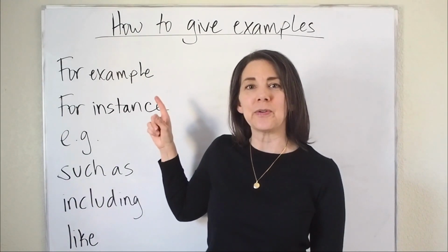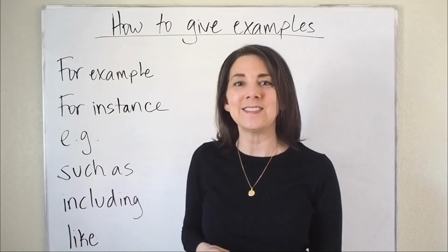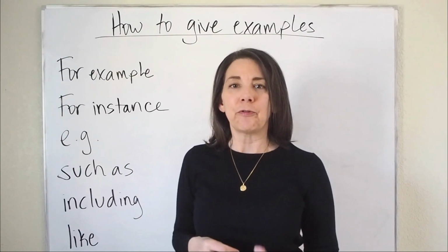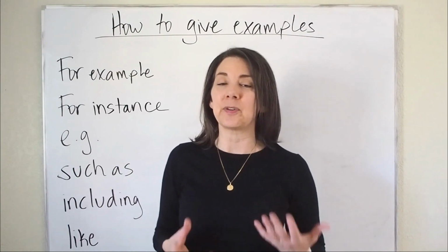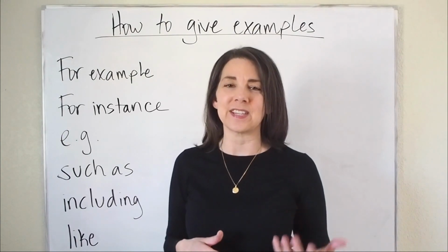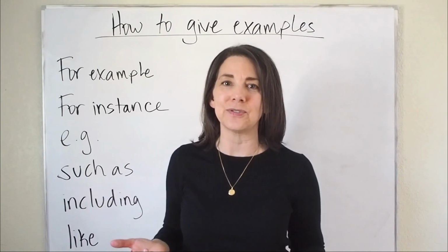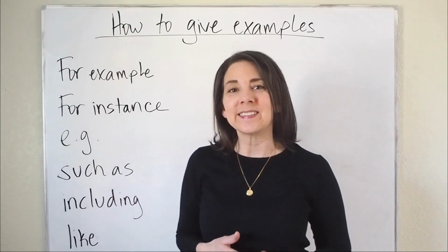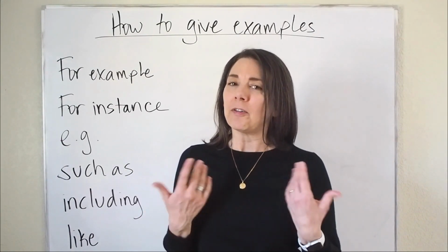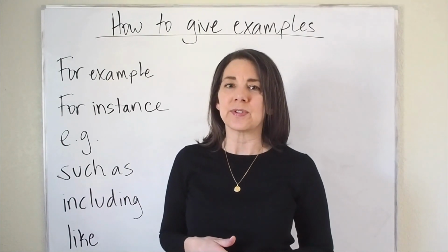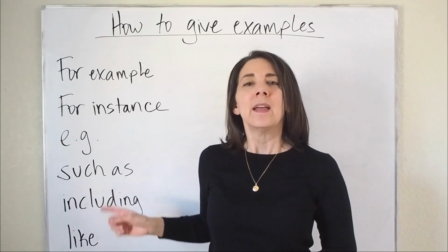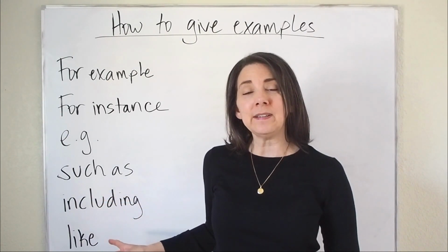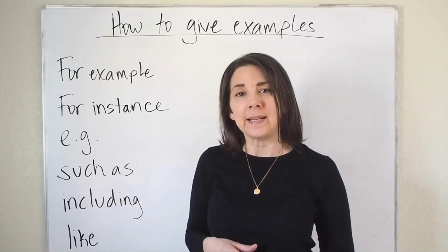First of all, I want you to notice that the abbreviation e.g. means for example. It comes from Latin. That's why the letters e.g. don't seem to match the words for example. But e.g. is an abbreviation. We don't often use it in speaking, but we do use it in writing a lot. Such as and including also have the same meaning.